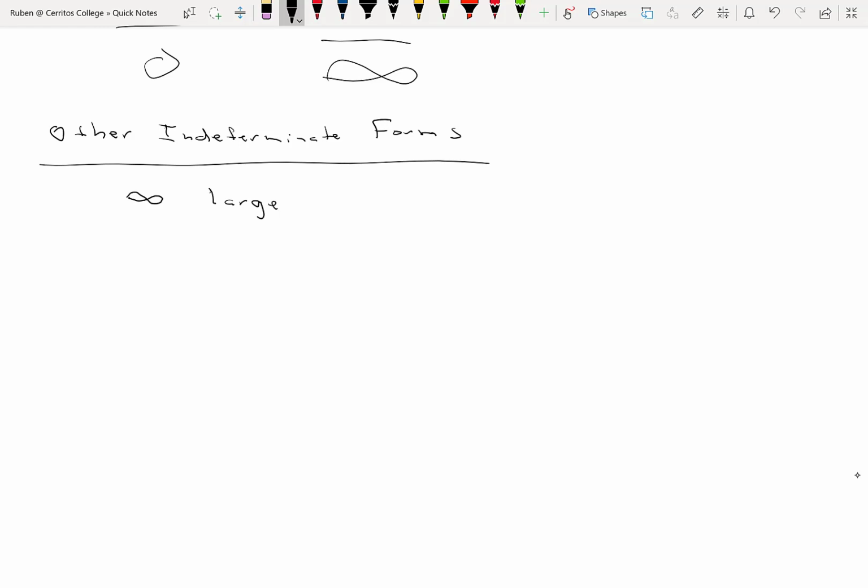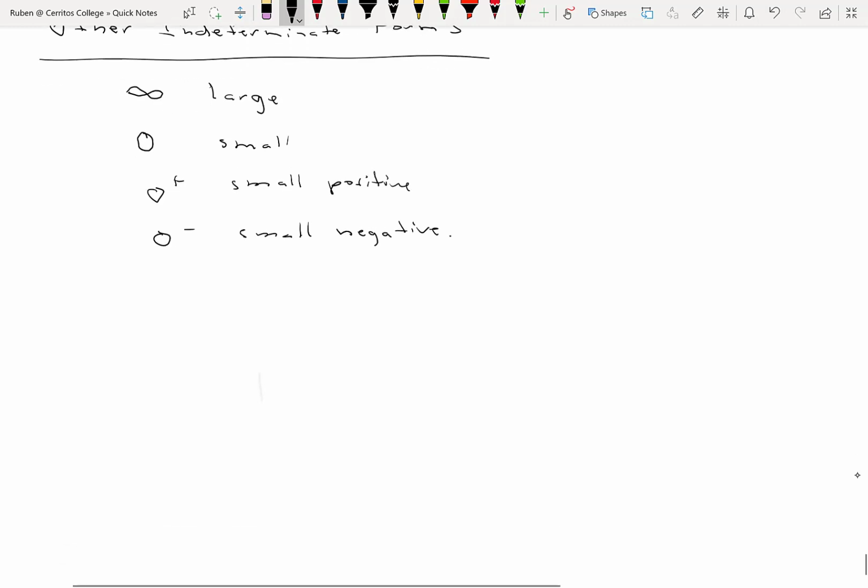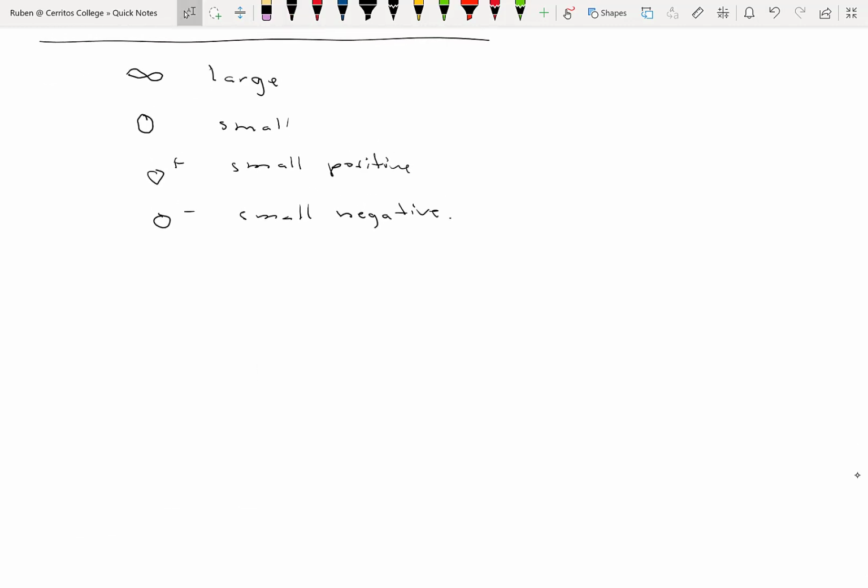And think about 0 as being small. 0 plus being small positive. 0 from the left, small negative. How small? Infinitely small. Well, just to help us along though, let's think about them as actual specific small negative, small positive, small numbers, large numbers, okay?